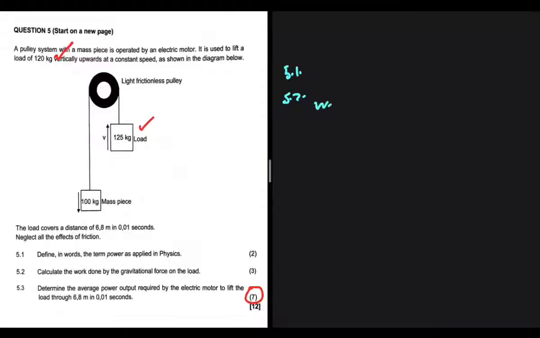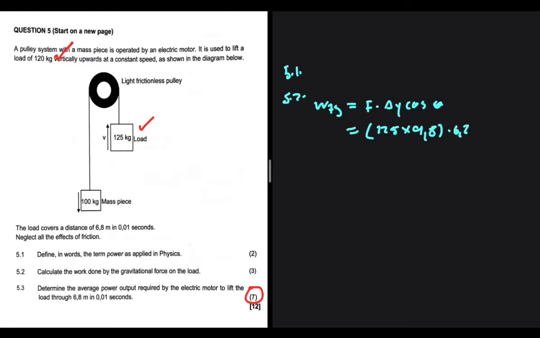The work done by gravitational force is equal to the force of gravity multiplied by delta y cos of theta. So let's go ahead and substitute. Fg is equal to the mass. Let's take 125 multiplied by the gravity, which is 9.8. Delta y, it covers a distance of 6.8 meters.